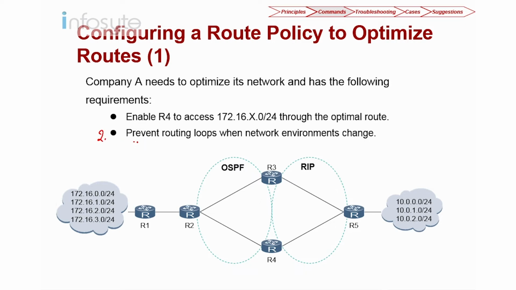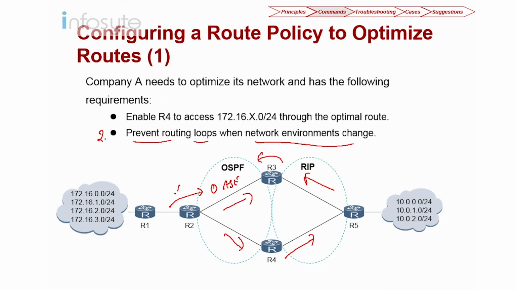The second requirement is to prevent routing loop when network environment changes. So in this example, assuming that R2 is importing a route into OSPF as an OSE. Due to certain reasons, this network that is being sent disappears, and R4 is still sending this to R5, and R5 is still sending the RIP route to R3, and R3 is importing the route from RIP back into the OSPF.